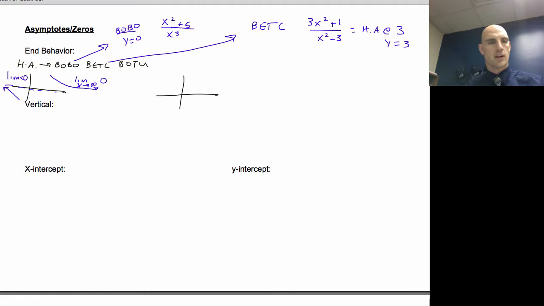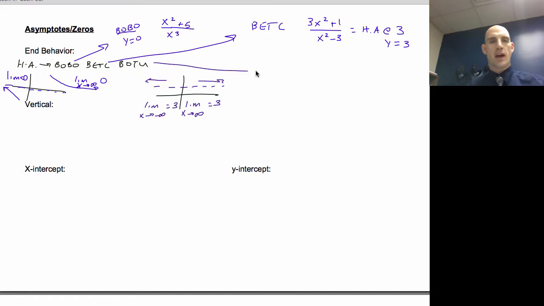I'd put in my asymptote here, and then as I went out to infinity, my graph would come closer and closer and closer to 3. So my limit would be 3 as x approaches infinity, and my limit as x approaches negative infinity would also be 3.